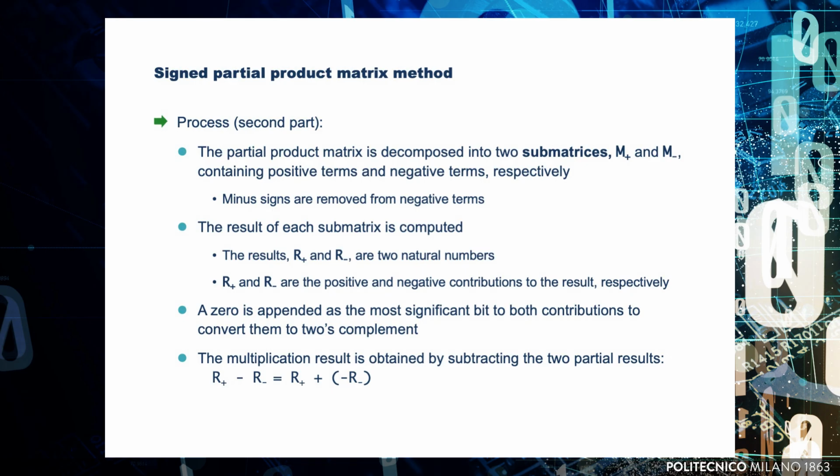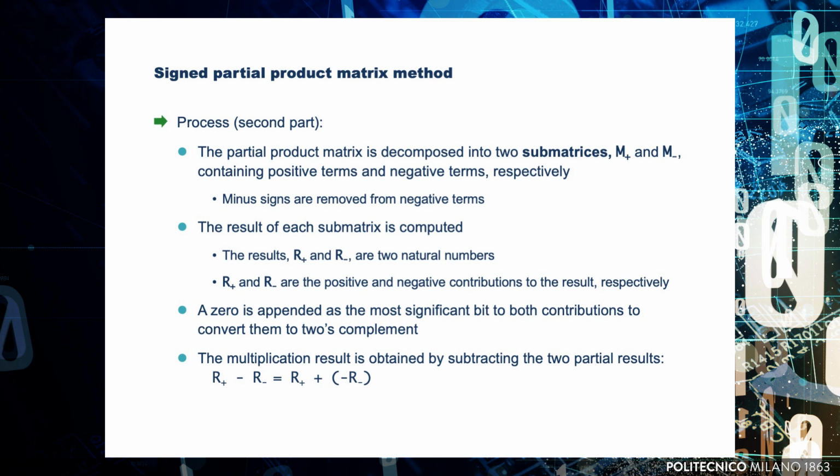Note that the M minus submatrix is almost entirely composed of zeros, except for the elements in the last row and along the leftmost diagonal, excluding the leftmost bit. By duality, the M plus submatrix includes all remaining elements of the partial product matrix.